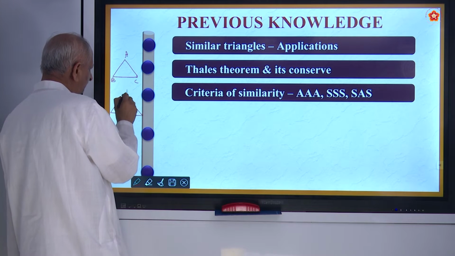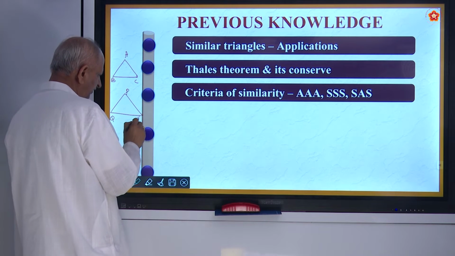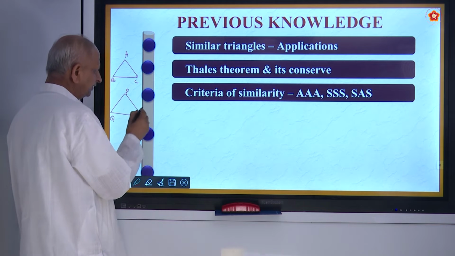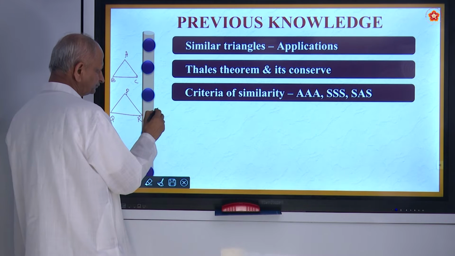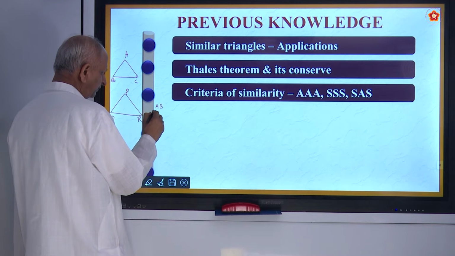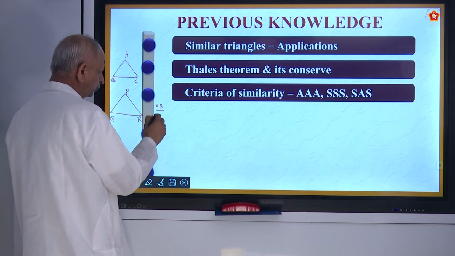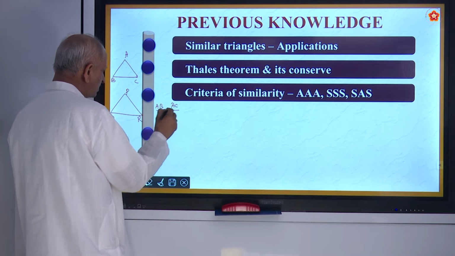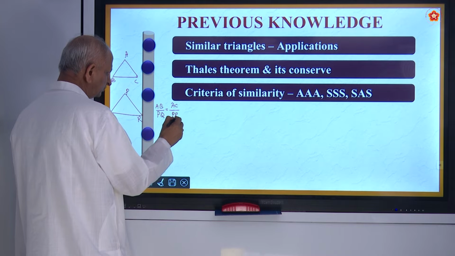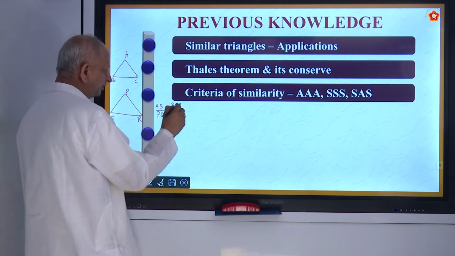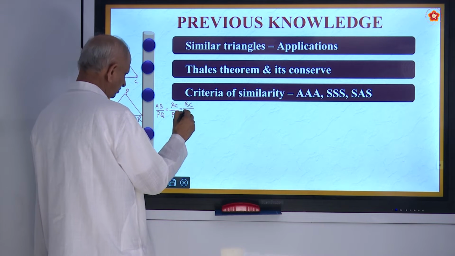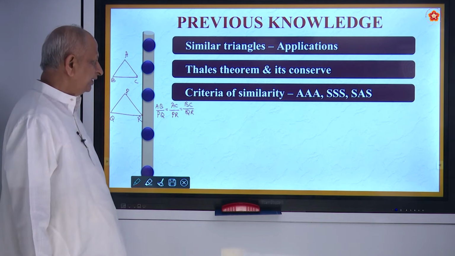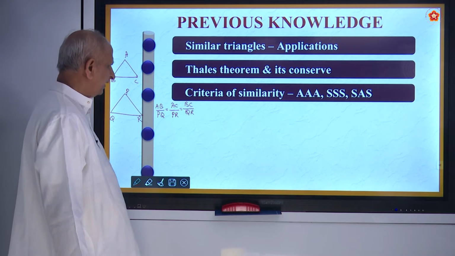Only congruent triangles will be same. Here SSS says ratios must be equal. That is AB by PQ is equal to AC by PR is equal to BC by QR. Then the two triangles are said to be similar.